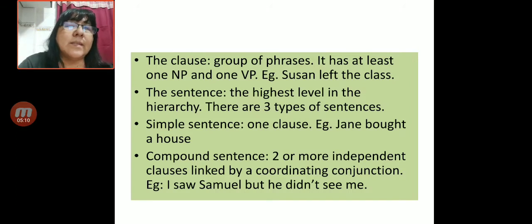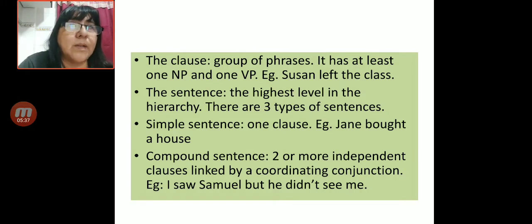Simple sentence, it is one clause. For example, Jane bought a house. It has a noun phrase, Jane, and a verb phrase, at least one, bought, and then another noun phrase, a house.